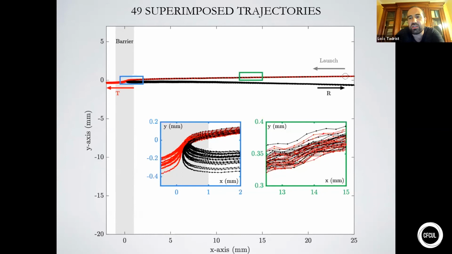It's always the same trajectory which is sent onto the barrier, and the data points are just mixed up far from the barrier, in the green inset here. When they arrive onto the barrier, the points unmix. The black trajectories corresponding to reflected trajectories gather and separate from the red ones.